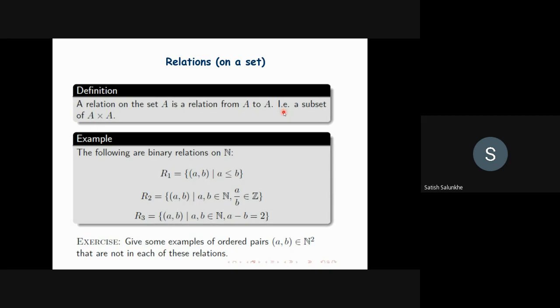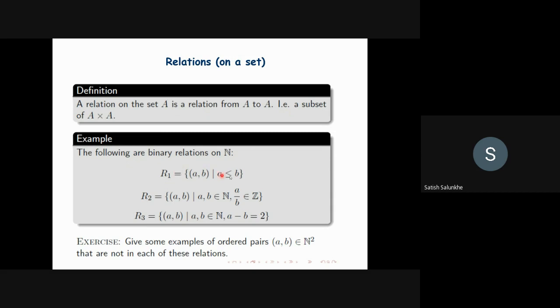There can be many relations. For example, if I take two sets, you are performing an operation, meaning you are just relating set N to set N itself. There can be many relationships.